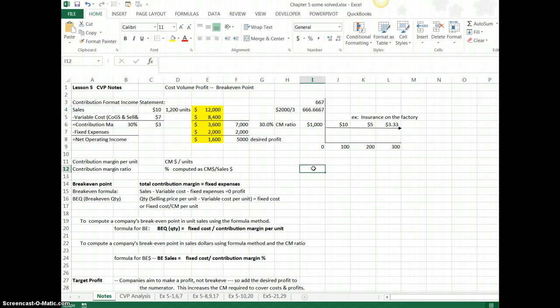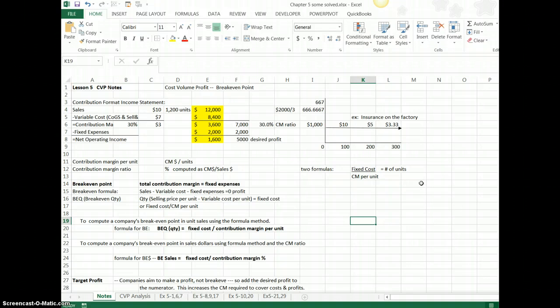There are actually two formulas, and you'll see them in your book. You take your fixed cost and you divide it by your contribution margin per unit, and that will give you the number of units needed to meet your objective, whether it be break even or a target profit objective.